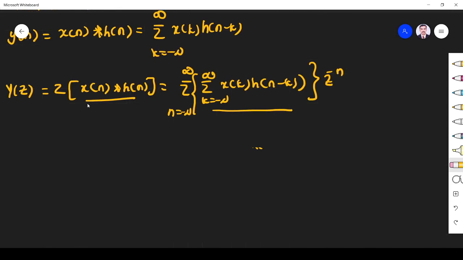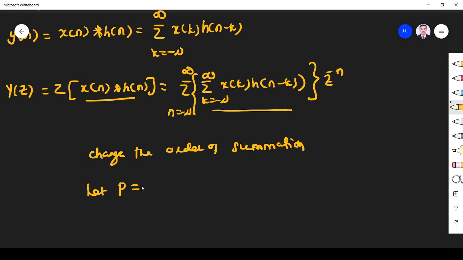Now I'm going to change the order of summation. If I change the order of summation here, what will happen? Let me make everything in terms of p. Let p is equal to n minus k. This implies n is equal to p plus k.